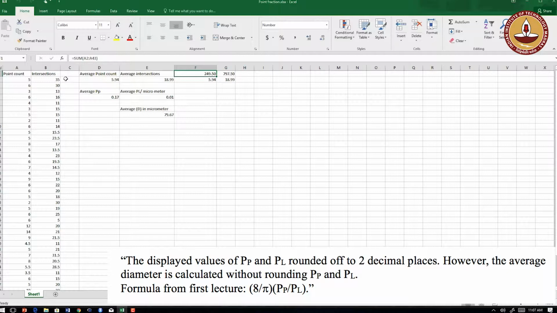We have also collected the intersection from each one of you, and the average point count is about 5.94, and the average PP is 0.17, and the average intersection is 18.99, and then the average PL per micrometer is 0.01, and the average D in micrometer is about 79.67.